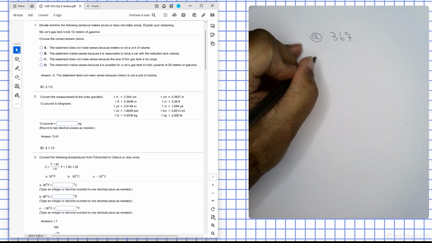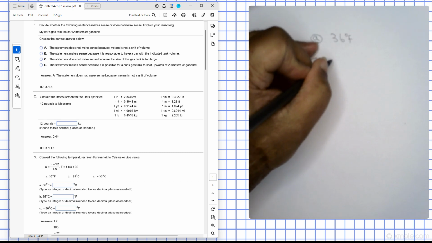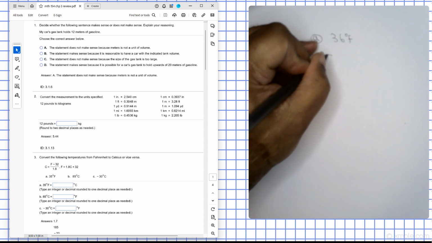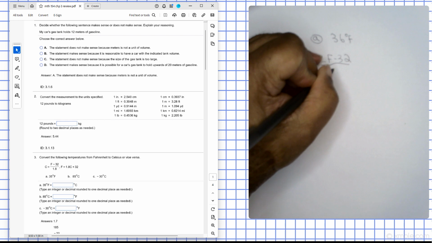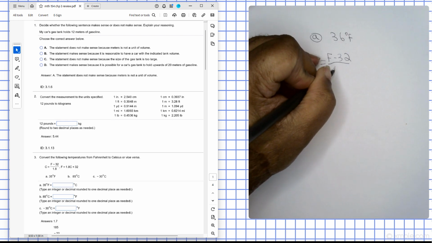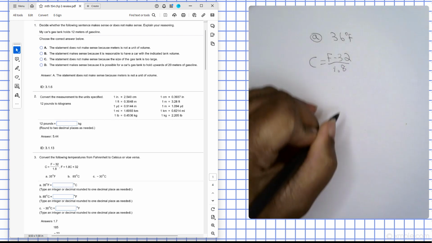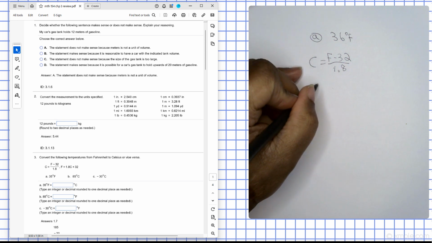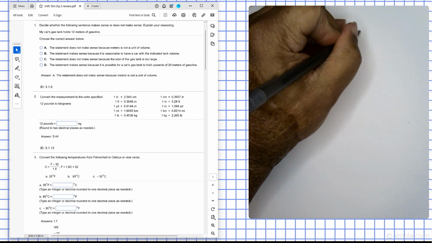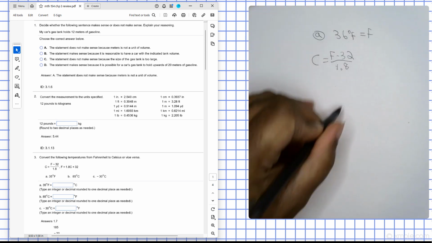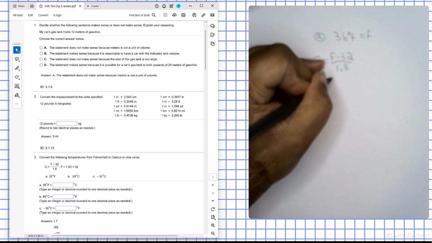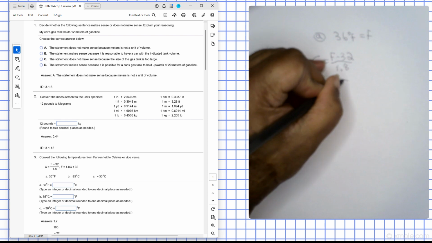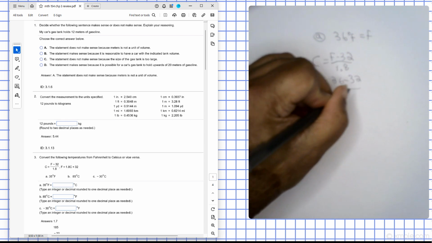So we want to find Celsius given Fahrenheit. The formula is C equals F minus 32 over 1.8. We can plug in 36 as our F. We have 36 minus 32 over 1.8.